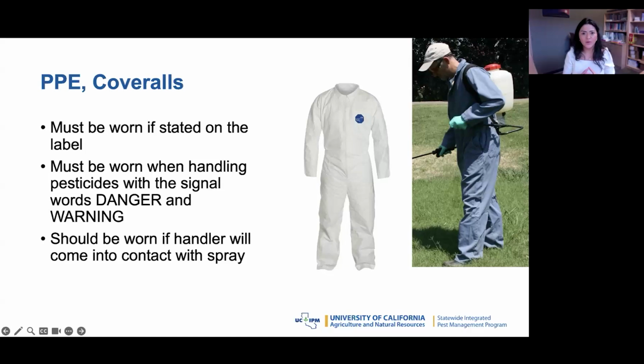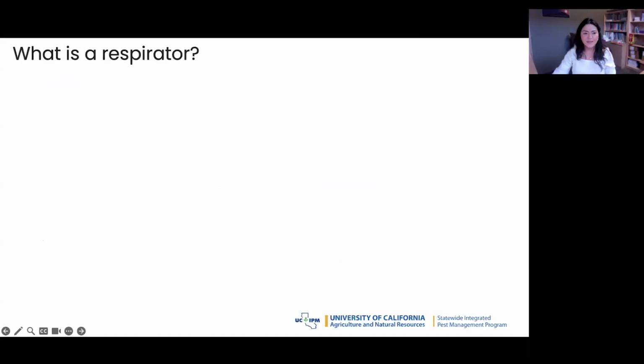The coveralls tend to be more applicable for professional use pesticides, but I will provide some specifics on that. Okay, so another component of PPE, another device, is the ones that we saw earlier. It's not only going to be gloves, glasses, and coveralls, but also in some instances, the person might require access to a respirator.